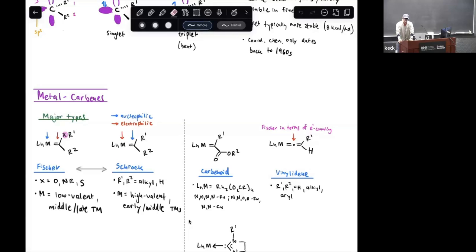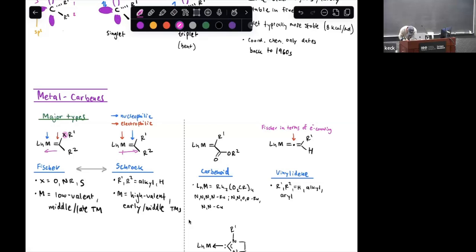And then, I think the easiest way to think about this is just that the electronegativities of the metals dictate how the metal carbon bond is polarized. So for a Schrock type carbene, where you have a more electropositive metal, the polarization, the dipole moment, so to speak, is such that the metal is electropositive and the carbon is electronegative. You can think of this as like a 1-1 anion bound to a metal, and then the opposite is true.